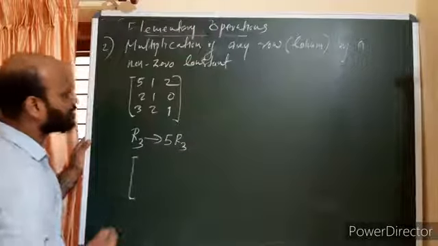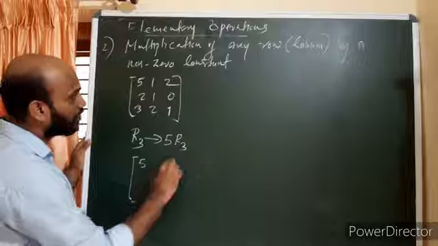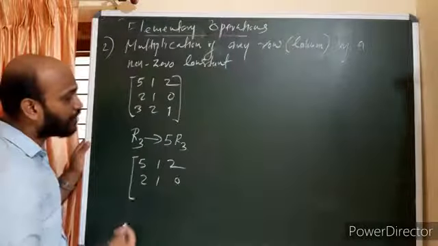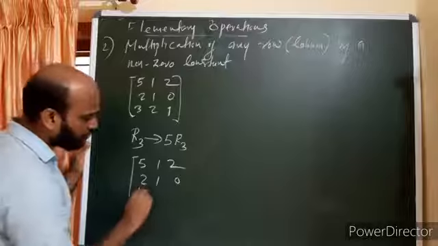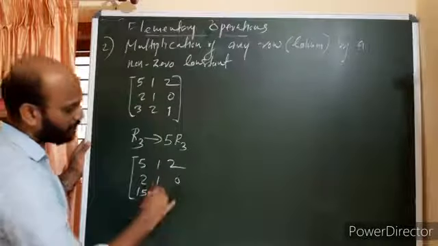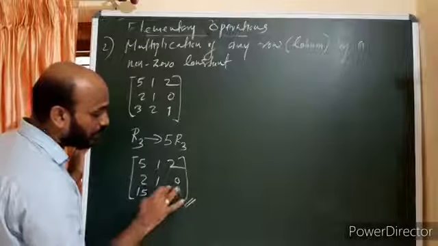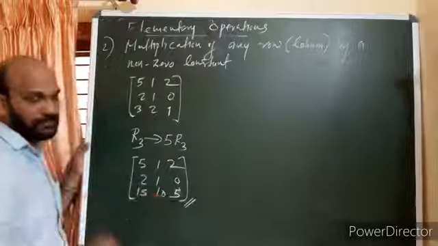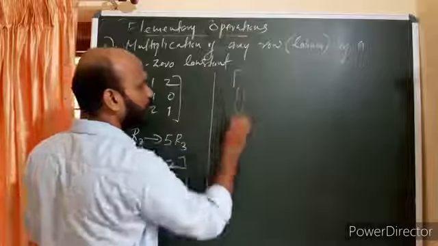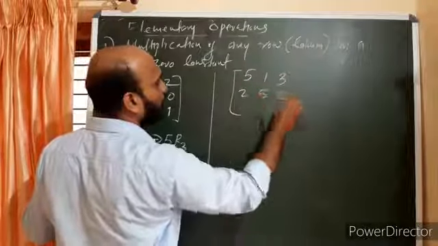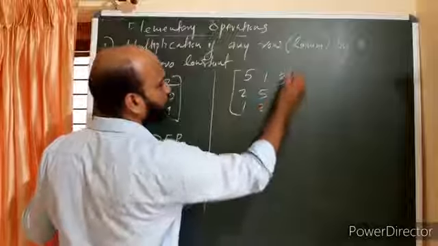So this matrix changes to 5, 1, 2. The first row will be the same, the second row the same, and the third row changes to 15, 10, 5. In the case of a column, this is one matrix: 5, 1, 3, 2, 5, 2, 1, 2, 8.